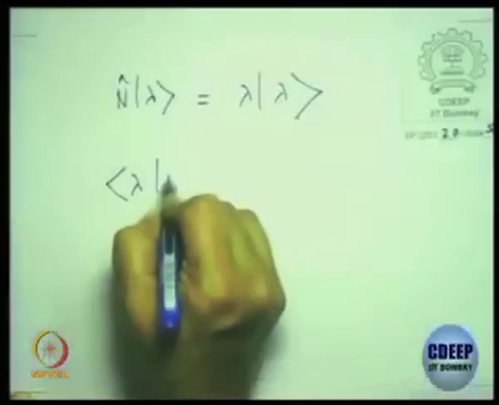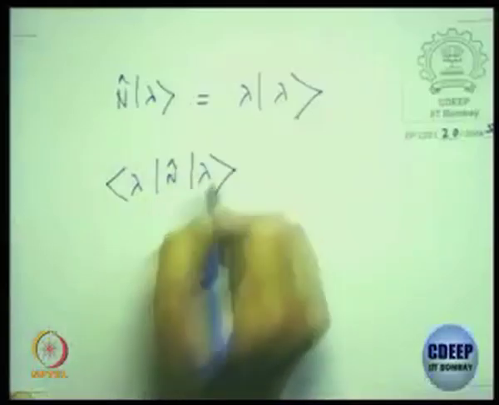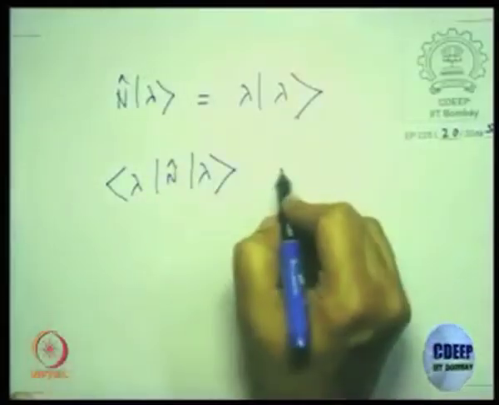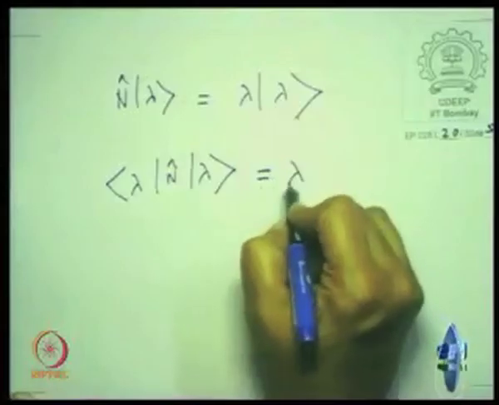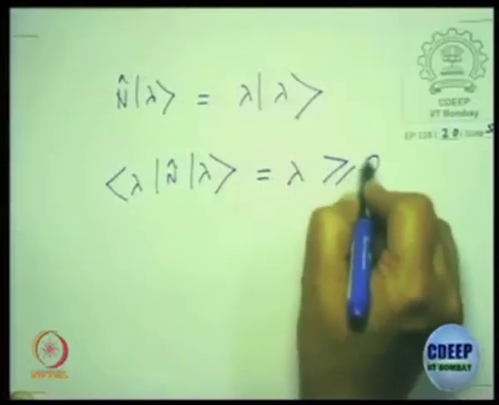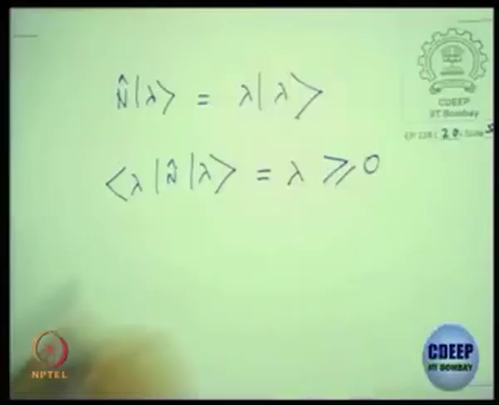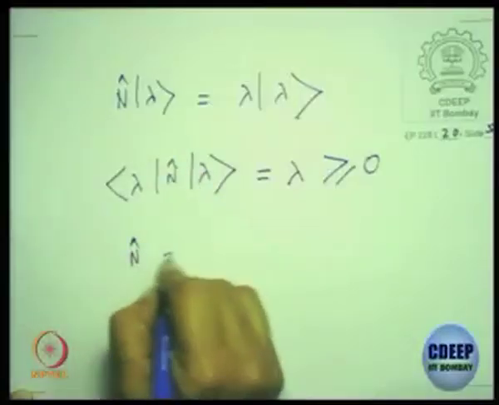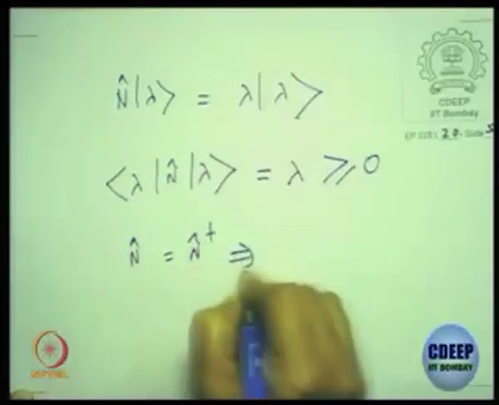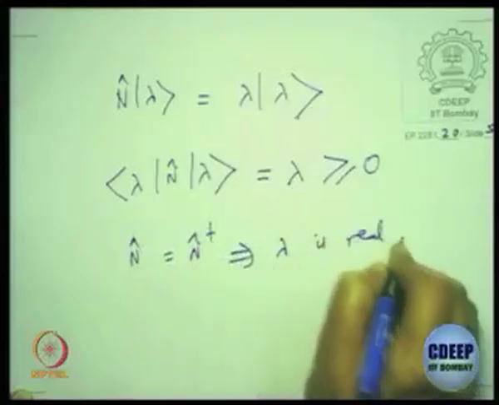So when I write n hat on lambda to be lambda times lambda, if I try to find the matrix element of the expectation value of a particle in the state, this will give you lambda, and this has to be greater than or equal to 0, and n hat is Hermitian, which implies lambda is real.